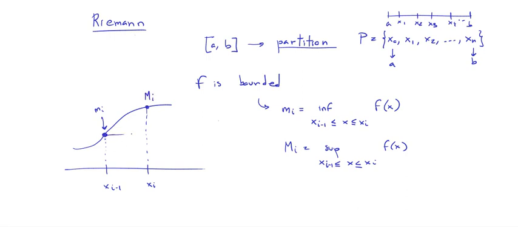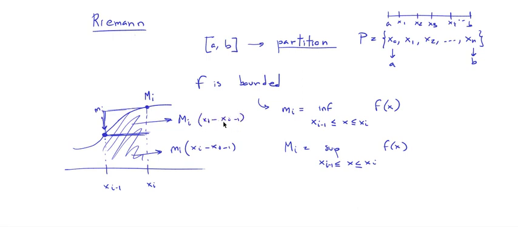The area of this rectangle, which we choose as we did before, is mi times xi minus x(i-1). And the area of this rectangle, which includes all of this, is capital Mi times xi minus x(i-1).